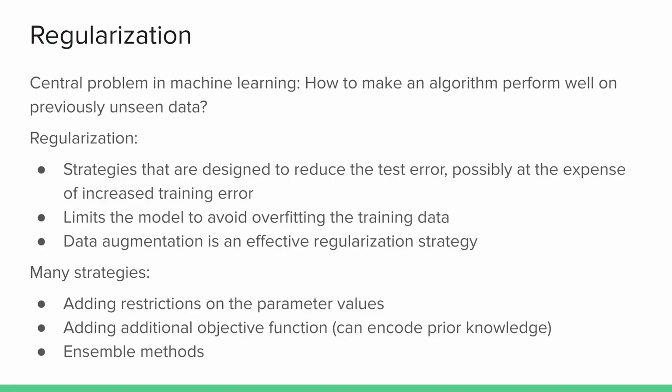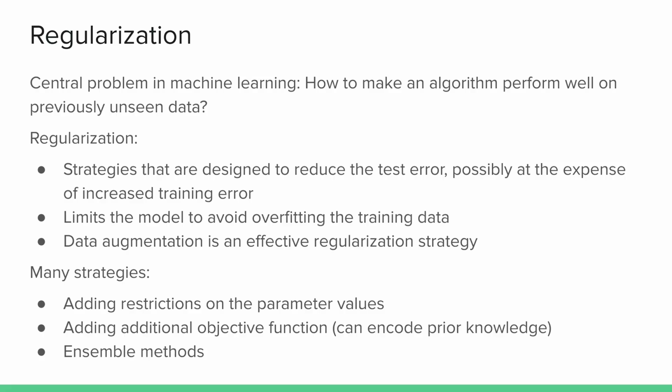What we're doing is we're limiting the model capacity to avoid overfitting on the training set. Data augmentation, as we've just seen before, is one mechanism how you can perform some sort of regularization, and it's actually a really efficient strategy. But there are also a couple of other strategies that we're going to take a look at.